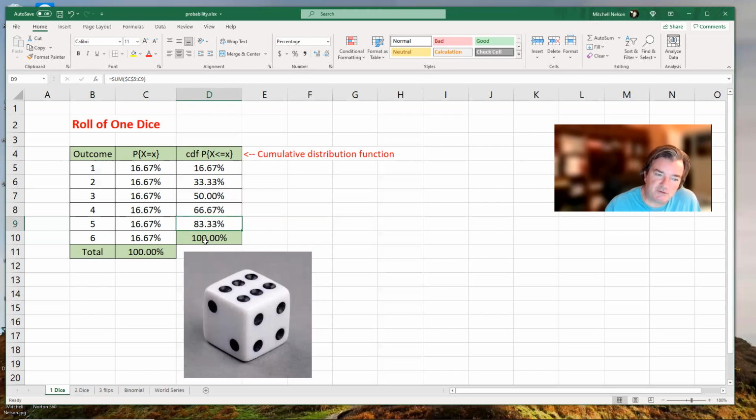The cumulative distribution function of the final number should always be 100%. The probability that you roll a dice and it comes out either 6 or less should be 100%. Has to come out something. In addition to that, the total of all the individual probabilities should also sum up to 100%.